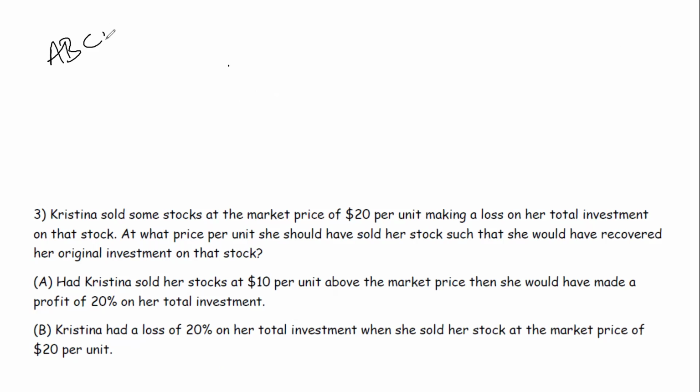So first statement. Had Christina sold her stocks at 10 per unit above the market price, so this is your market price, then she would have made a profit of 20% on her total investment. So had she sold it for $30. So if a cost price is 100, the selling price would be 120, 20% profit. So had she sold it for $30, it'd be how much?